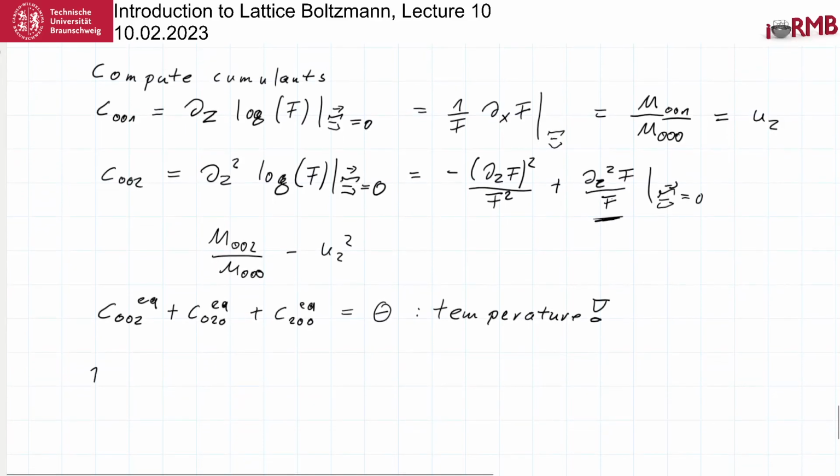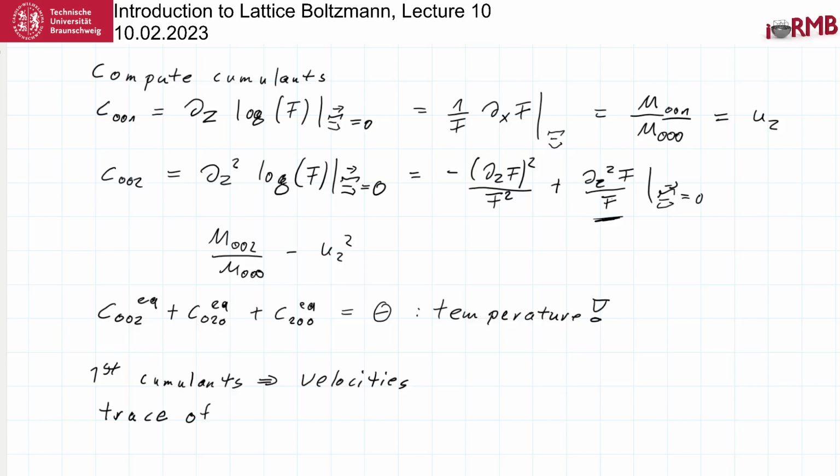So first cumulants are velocities, and this is the trace of second order cumulants.